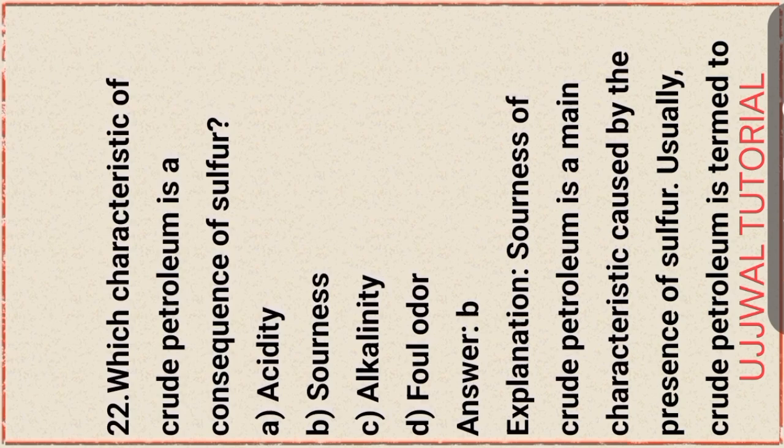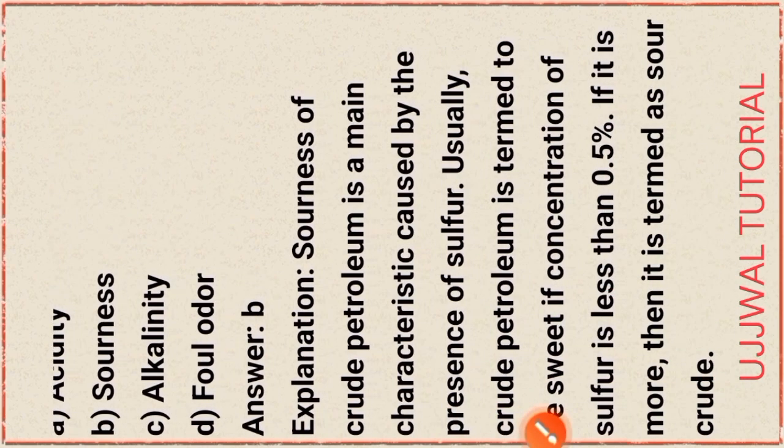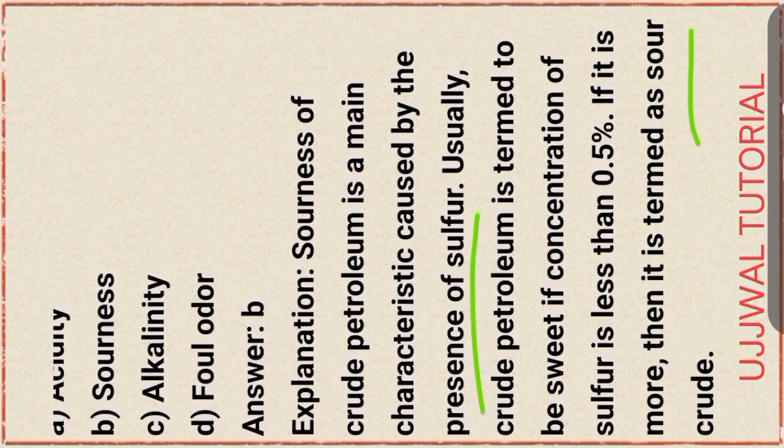Option B, sourness. Okay. To explain this word, sourness of crude petroleum is a main characteristic caused by the presence of sulfur. Usually, petroleum is termed sweet if the concentration of sulfur is less than 0.5. If it is more, then it is termed sour crude. Okay.